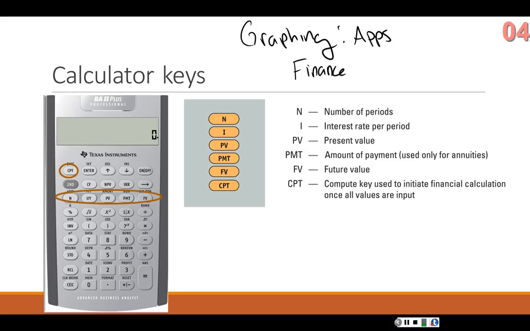That's going to bring up another menu and you push TVM Solver. And then you should see these exact same variables. You'll see N, IY, PV, payment, and future value. At the bottom, you'll also see CY and PY, compounding periods per year and periods per year. In this course, we always leave those at 1.